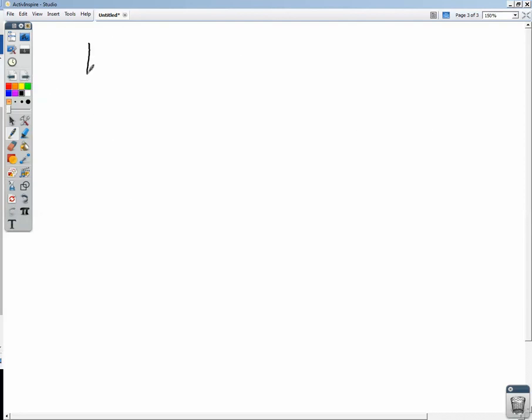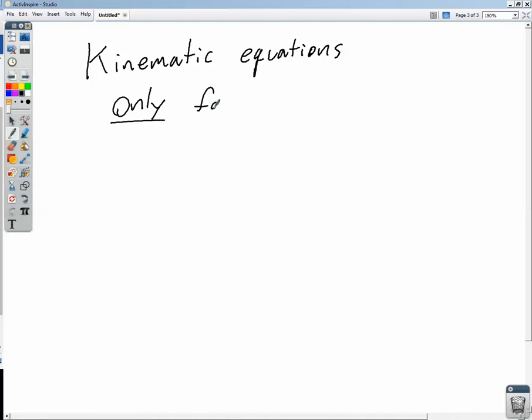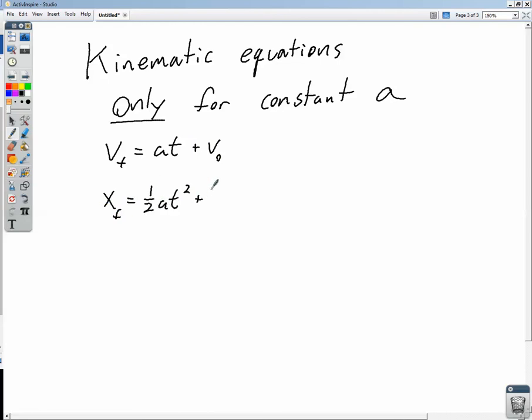These two useful equations together are called the kinematic equations, and once again, they are only for constant acceleration. Rewriting, we've got v final is equal to at plus v naught, and x final is equal to 1/2 at squared plus v naught t plus x naught.